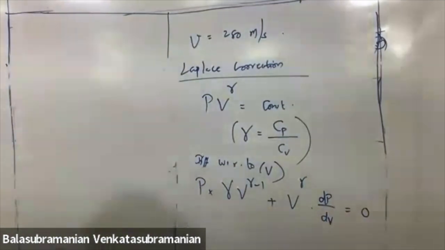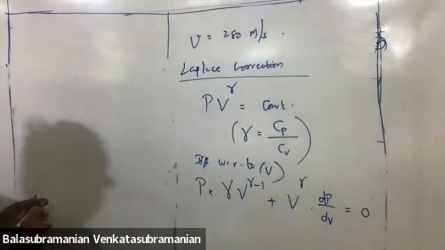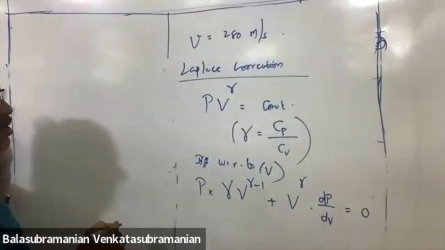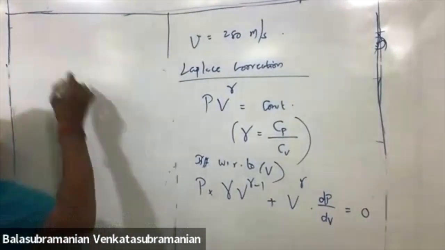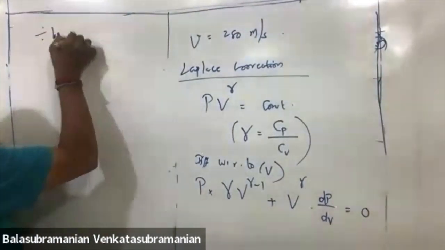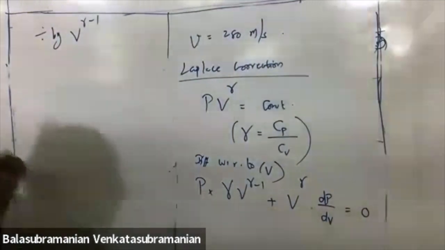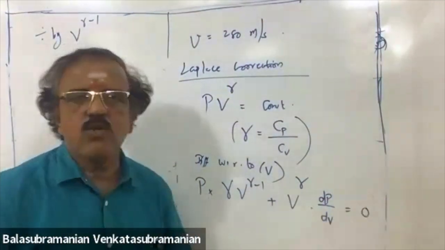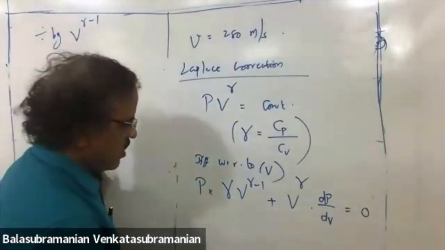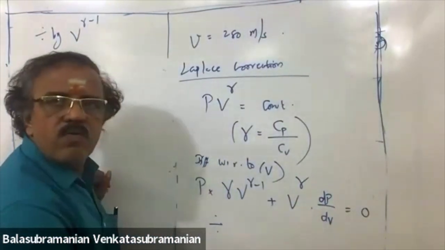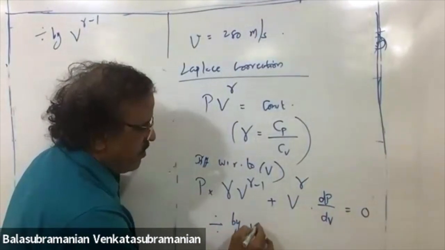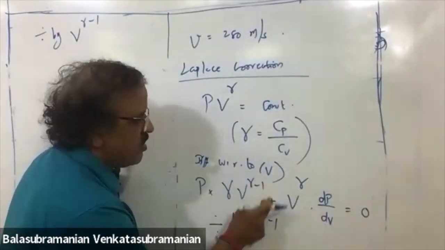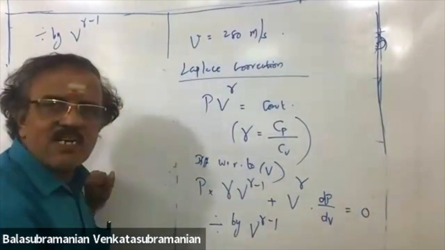Okay, now divide throughout by V power gamma minus 1. When you divide by V power gamma minus 1, this term V power gamma minus 1 cancels.